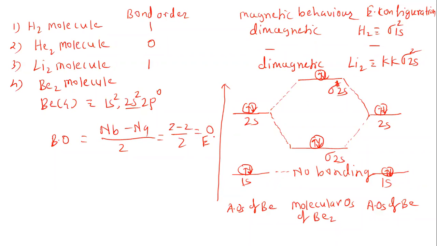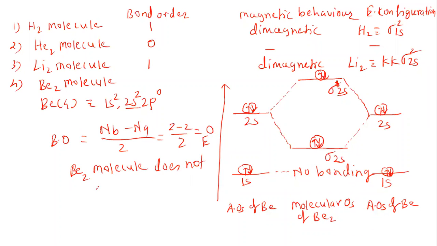As there is no bond between the two beryllium atoms, on the basis of molecular orbital theory, the beryllium molecule does not exist.